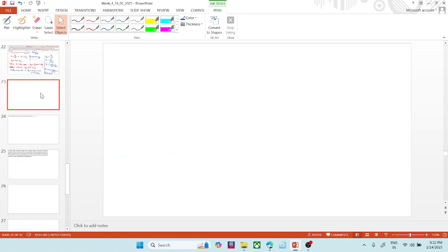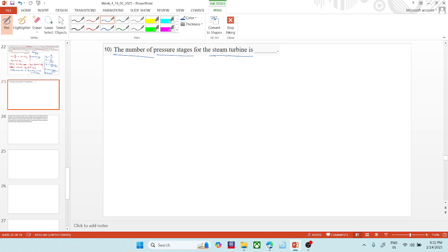So moving to the last problem, problem number 10, what they have asked. They have asked the number of pressure stages for the steam turbine.